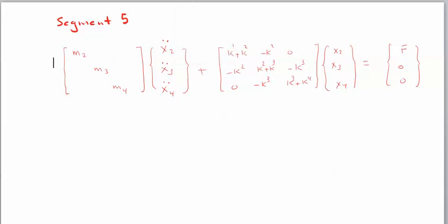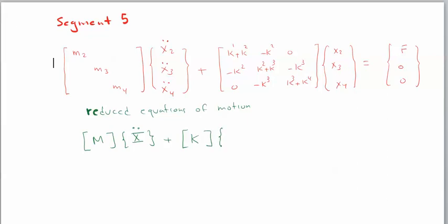We wrote a reduced equation of motion, and at the global level, I have a mass matrix times a global acceleration vector plus a stiffness matrix times a global displacement vector equal to some kind of a global load vector, something like this.